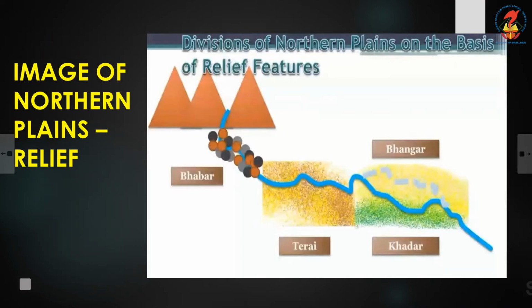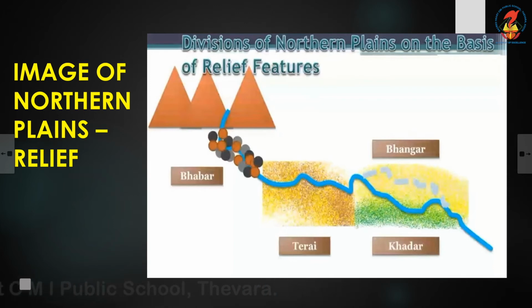See, you can see the division of northern plains on the basis of relief features. You can see the Bhabar, from the mountain ranges the rivers are flowing, where we have big boulders.